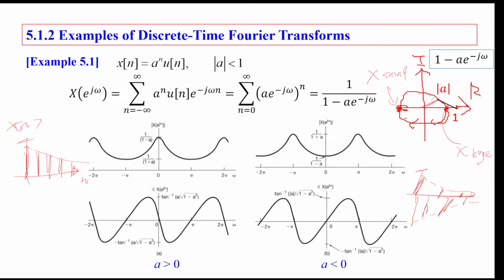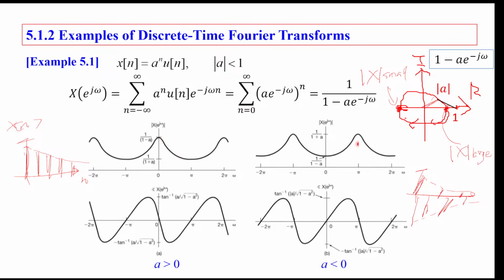I should say the absolute value of big X, because big X is actually a complex value. So a is positive, then you start with this large point, and when you increase your omega by pi, you walk to this big X small part, and you keep increasing omega, then you walk back to this large point, and so you get this big X graph like this.